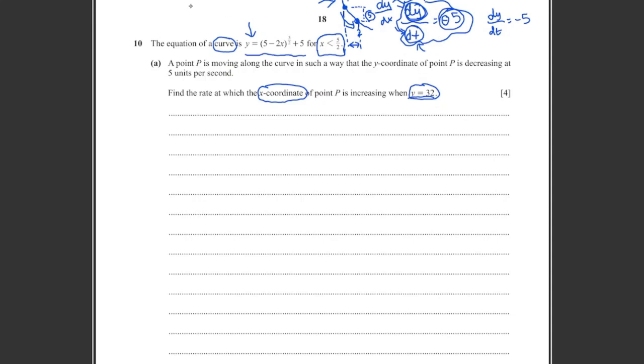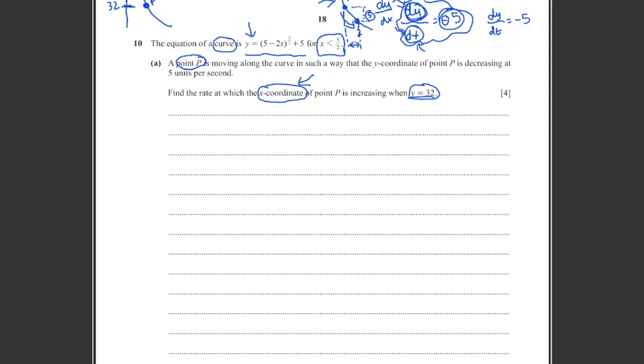So they're basically saying that when there's this point P moving, let's say on my y-axis I have 32 over here, and let's say I have my curve over here, and the point P reaches this y equals 32. That's when I have to tell how the rate of change of the x-coordinate is going to be with respect to time.